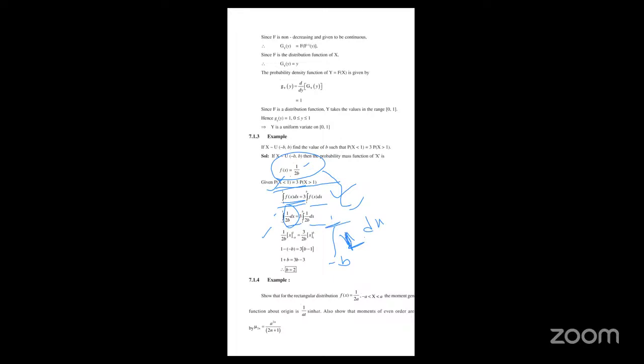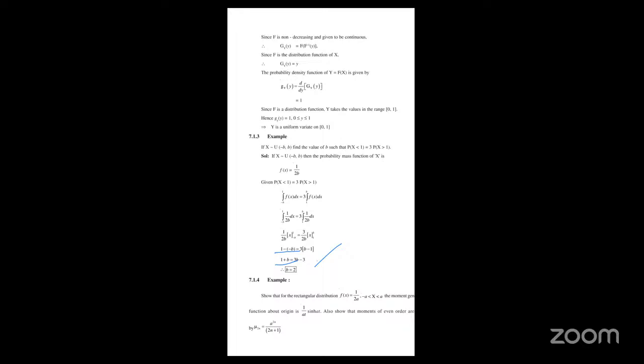So if we integrate 1 into dx, it becomes x. Then for the limits, in the place of x first we'll substitute 1 and then minus b. Same for the other side. Then b minus of minus b is plus b, so 1 plus b, and 3 into b minus 1 is 3b minus 3.